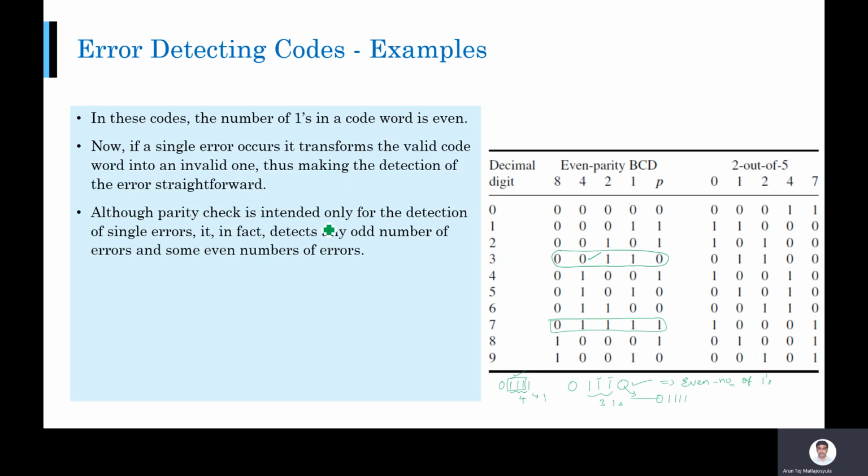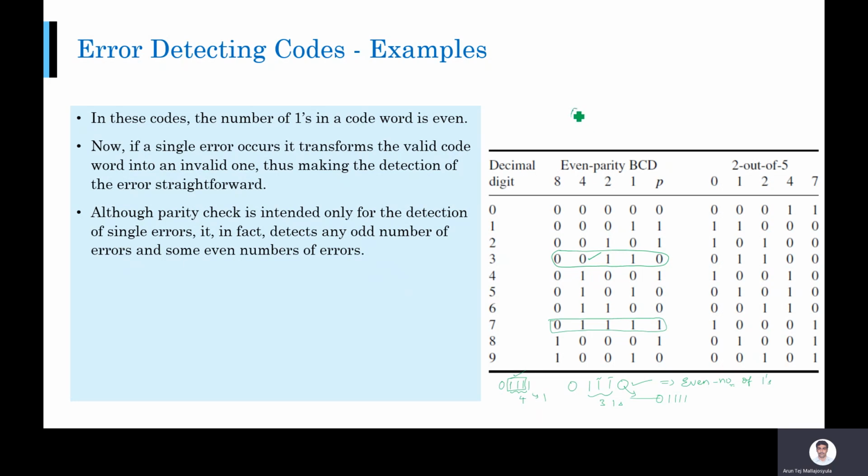Although parity check is intended for only the detection of single errors, it in fact detects any odd number of errors, and maybe some even number of errors also, which is easy to see. If you have an odd number of errors, then the parity will flip, and so you can detect that error.